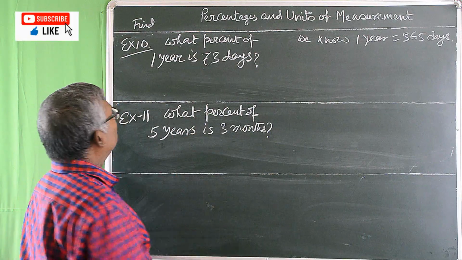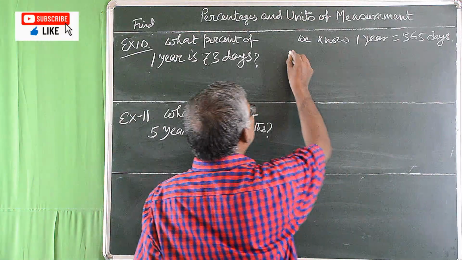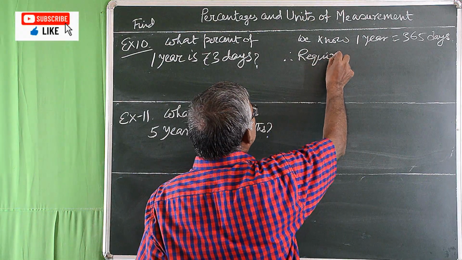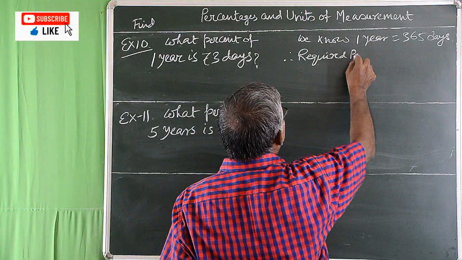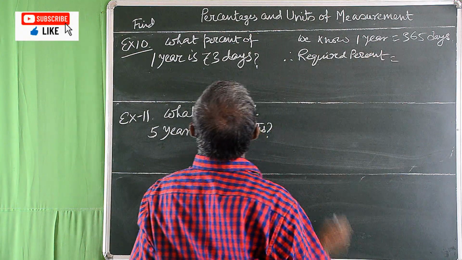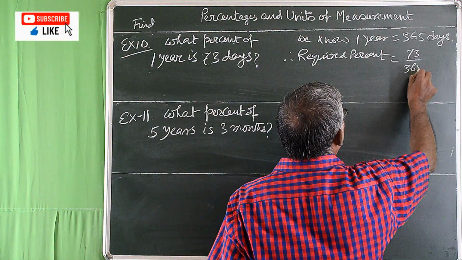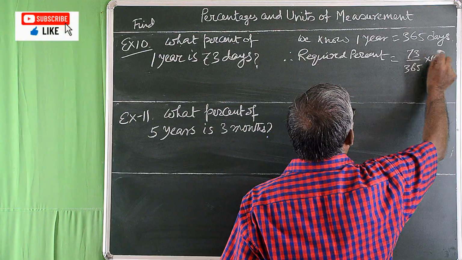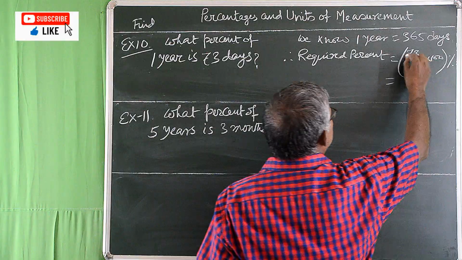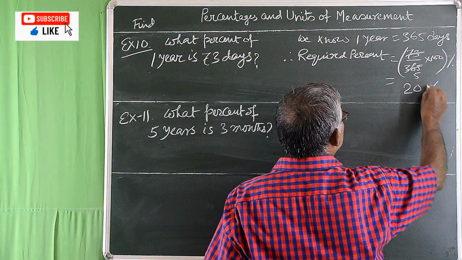So 1 year means 365 days. Therefore, required percent equal to 73 by 365 into 100%. That is, it is 20%.